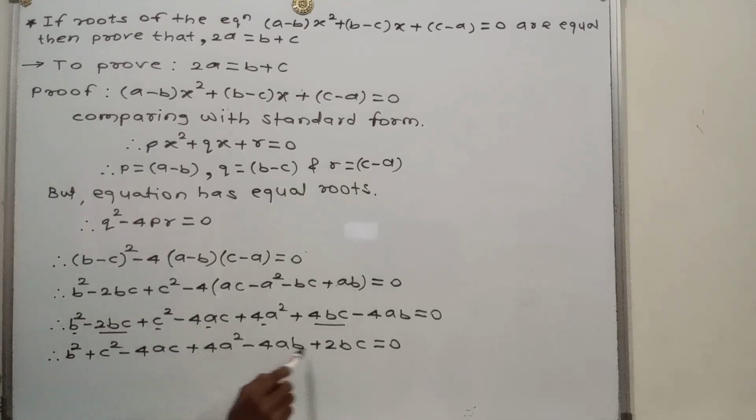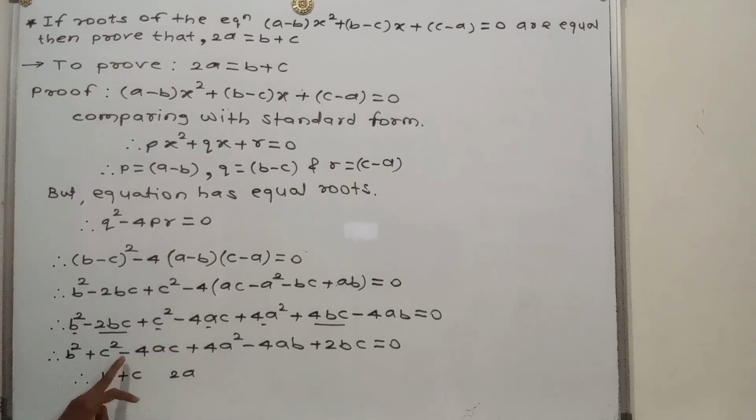Now all of this, from b² to plus 2bc, is a perfect square. The square root of b² is b, then the square root of c² is c, and the square root of 4a² is 2a.